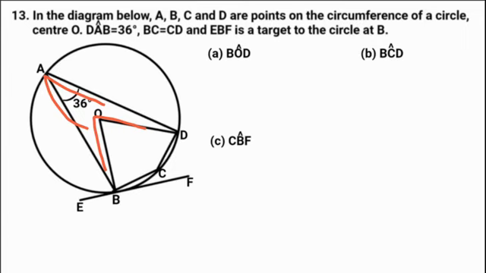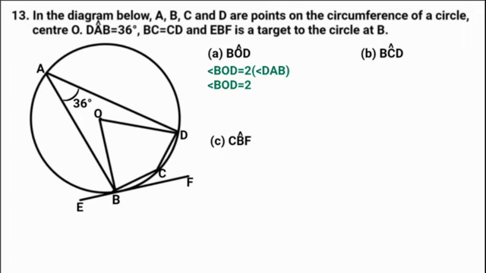So now we're going to use that property to find the value of angle BOD. Angle BOD is equal to 2 multiplied by angle DAB. What's the value of angle DAB?